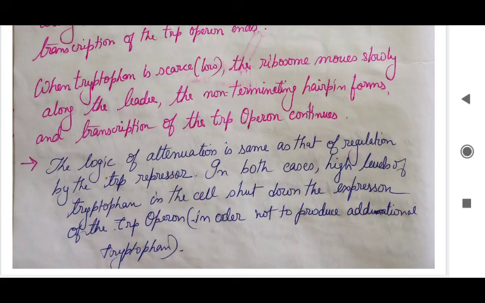Both in the case of attenuation and also in the case of the trp repressor, the regulatory protein which binds to the operator, in both cases, a high level of tryptophan in the cell shuts down the expression of the tryptophan operon.